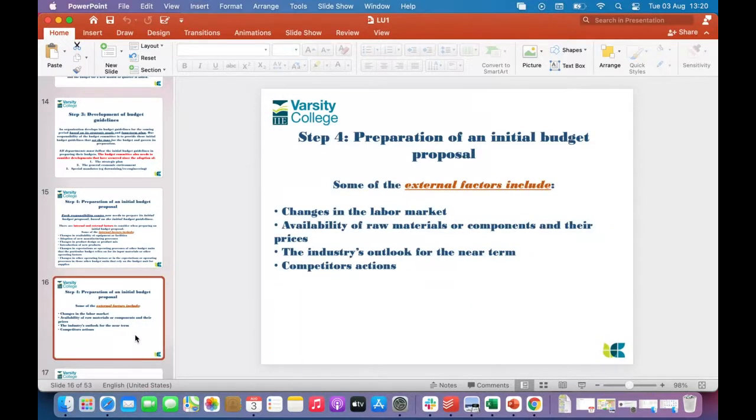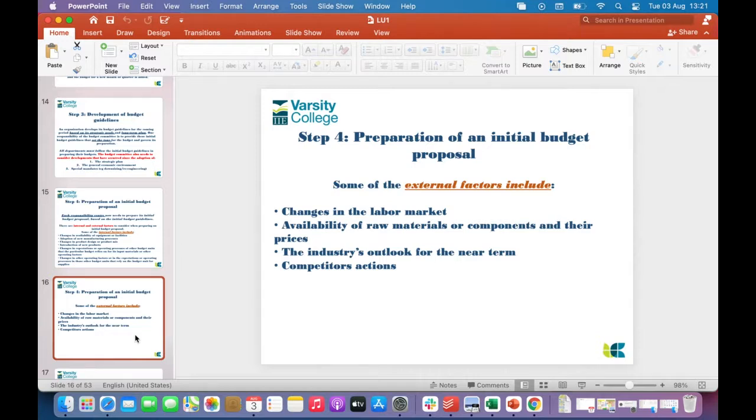If we look externally, there are changes in the labor market. Maybe new policies have come into play in relation to certain professions, and the minimum wage will have an impact. Then there's availability of raw materials. All this time we're a jewelry store, we've been working with gold to make our jewelry.